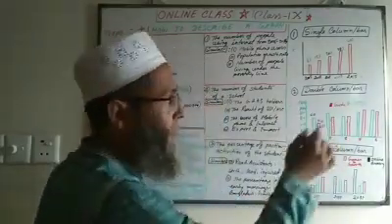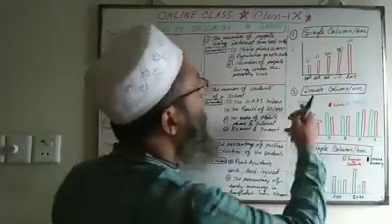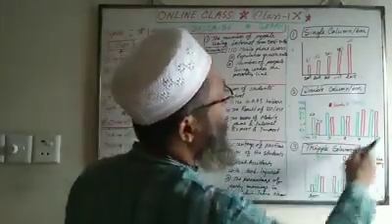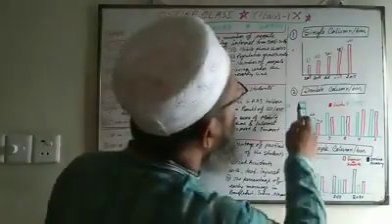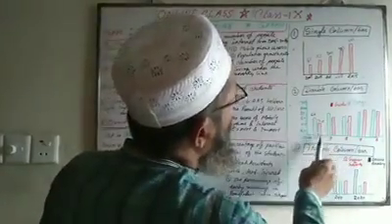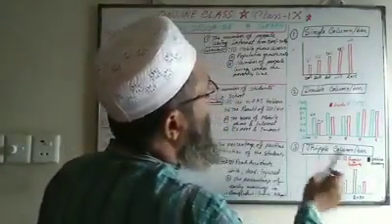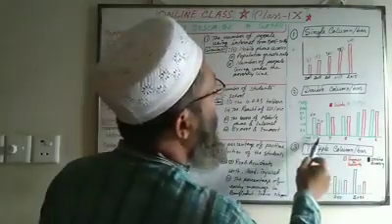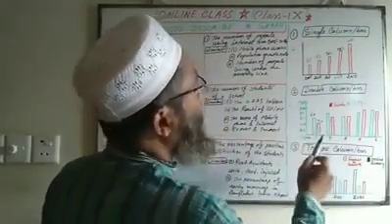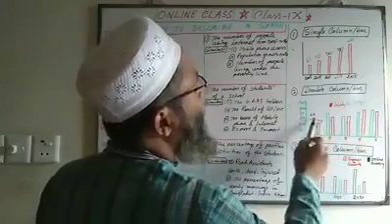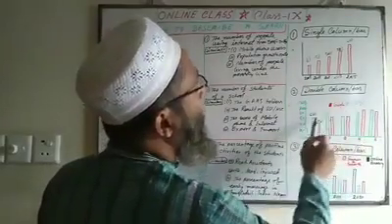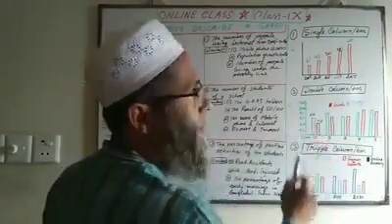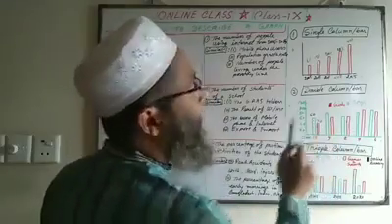You know that the information is described in two axes, the y-axis and the x-axis. So we can describe here in this way, that in class 10 the number of boys students is 60, and the girls students is 40.